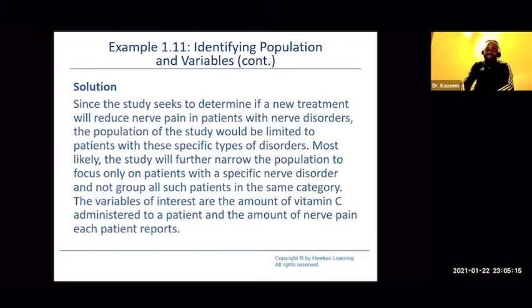The dependent variable, which we call the outcome variable, is the amount of nerve pain. We want to see whether after taking vitamin C, you have a drastic reduction in your nerve pain or not. Those are the variables of interest.